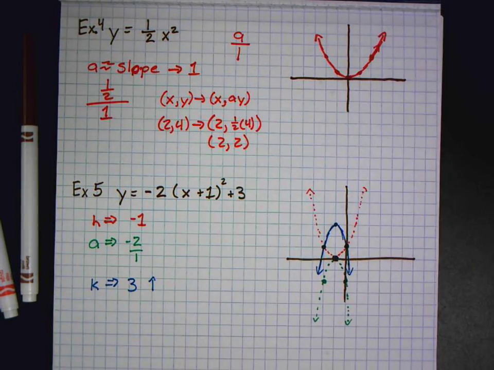Now, that was a lot of insane work, right? So let me show you another quicker way to do it. But whenever you start getting confused by the transformations, that's how you can go back and just follow your order of operations, and that's how you make sure that in the end you have the correct graph.